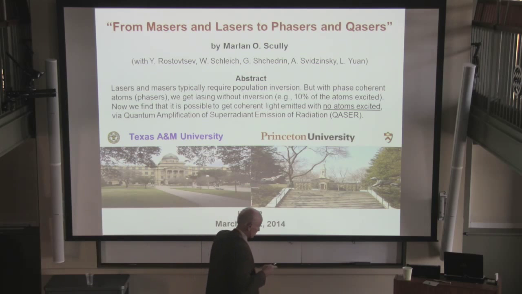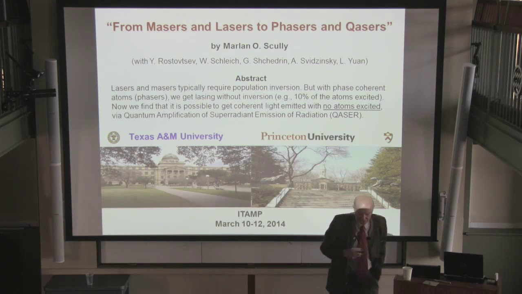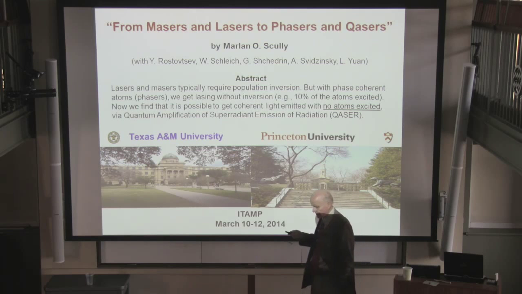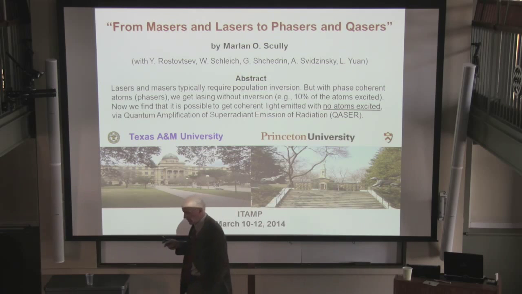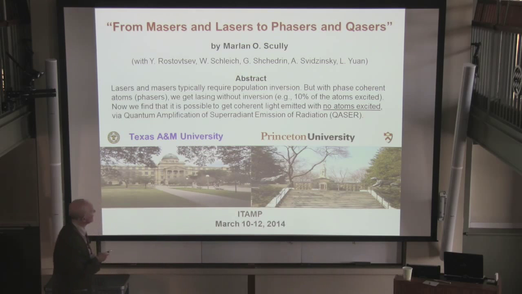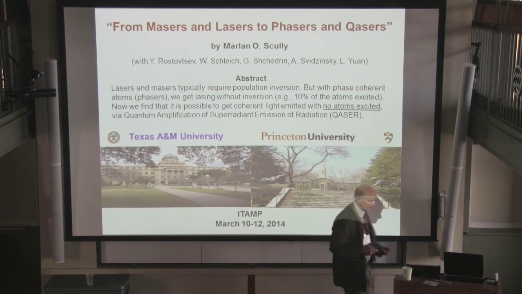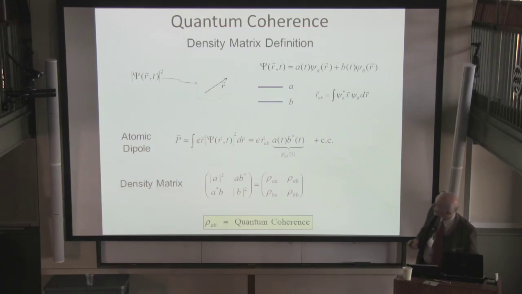There are other constraints to lasing without inversion having to do with decay rates that make the whole process pretty hard in steady state. But if you start looking at time-dependent lasing without inversion, then things are different. And now we find that it's possible to get coherent light with no atoms excited via quantum amplification, of which lasing without inversion is one example, but now using superradiant emission, not stimulated emission, in a very specific and practical sense that I'll tell you about.